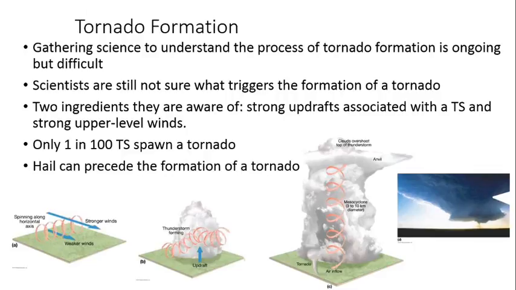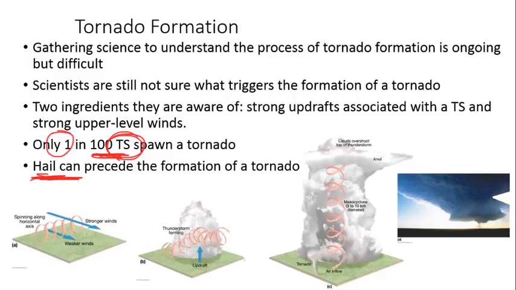Notice that out of 100 thunderstorms, abbreviated TS, statistically only one will give a tornado. Hail is also associated with thunderstorms. A lot of instability causes hail, and that instability can then lead to tornadoes.